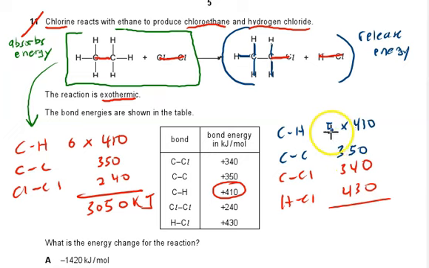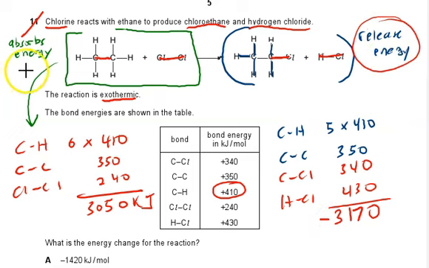So this should be negative. All totaled up, you will be getting about 3170, and this is minus because they release the energy. So we can assume this is an exo and this is an endo.